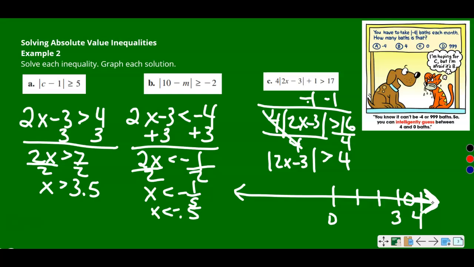And negative 0.5, or negative 1/2, would be between 0 and negative 1. Don't go between negative 1 and negative 2, that would be negative 1.5. So between 0 and negative 1, I'm going to have an open circle, and I want everything less than negative 1/2.